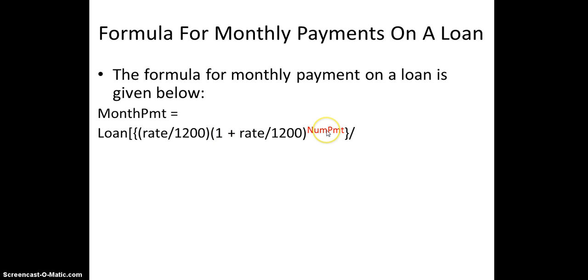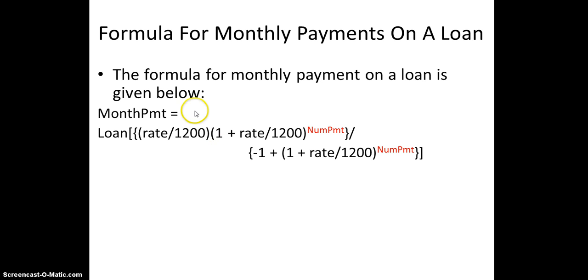Num payment is the number of payments that will be made throughout the life of the loan. So that's the numerator. In the denominator we have this expression: minus 1 plus the exact same thing, 1 plus rate divided by 1200 to the power num payment.